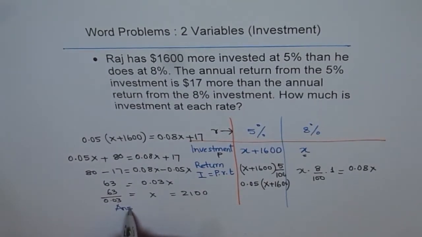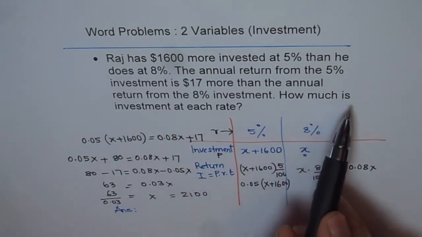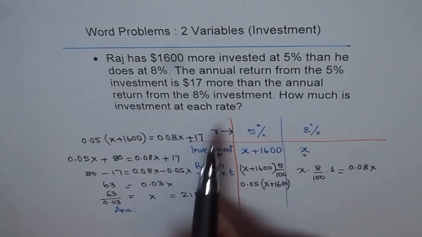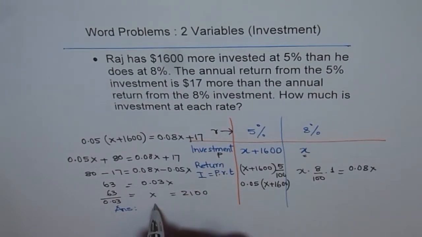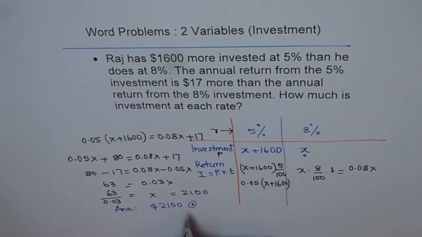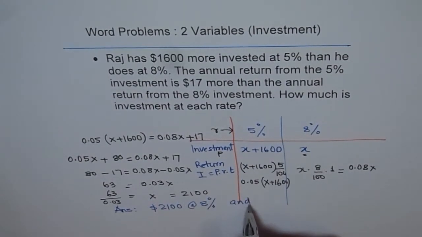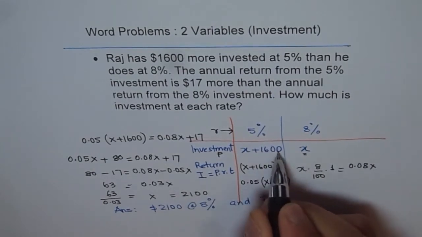So our answer will be, how much is the investment at each rate? It is $2100 at 8% and $1600 more, right?